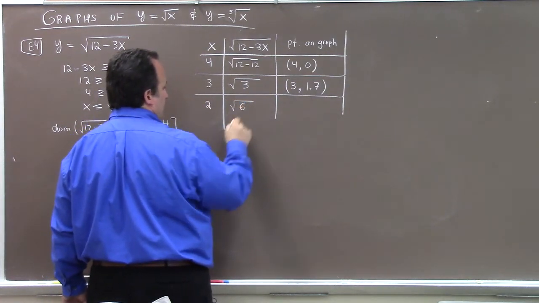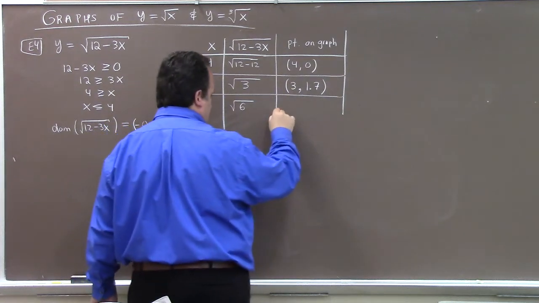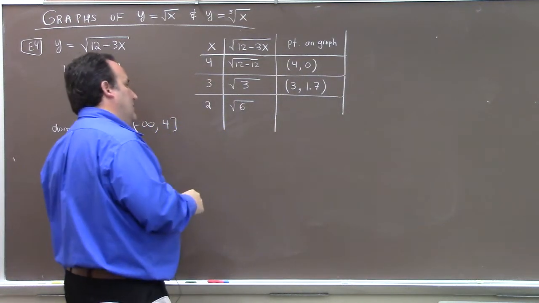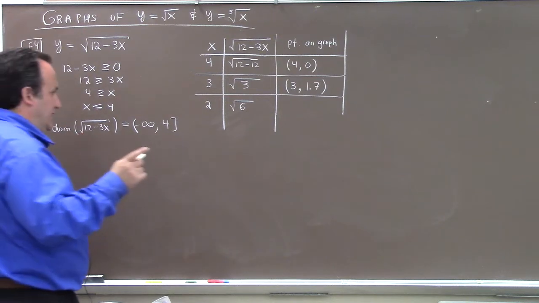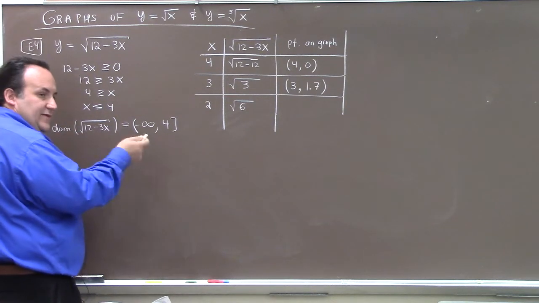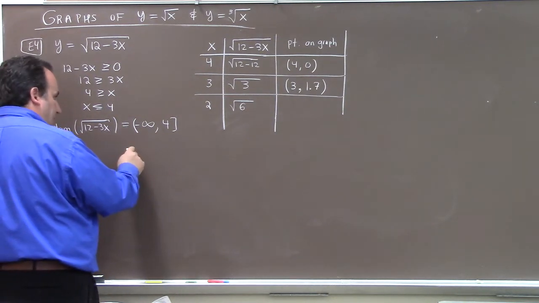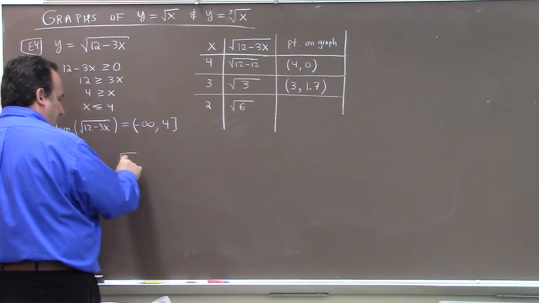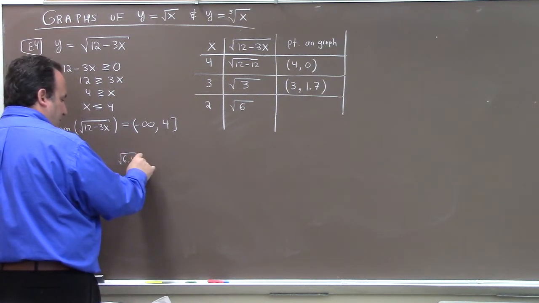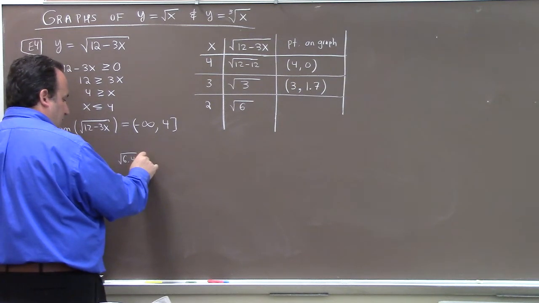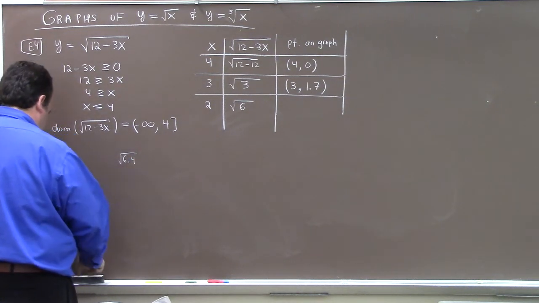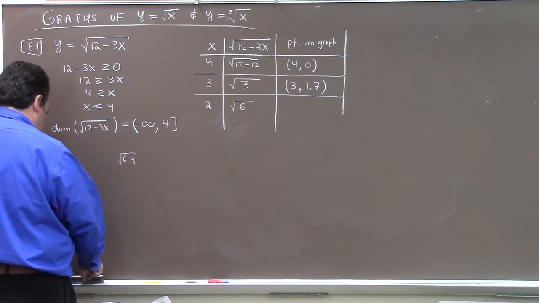That gives the square root of 6. What is the square root of 6? Here's how I think about approximations. The square root of 6.4 is, oh man, it's not right.